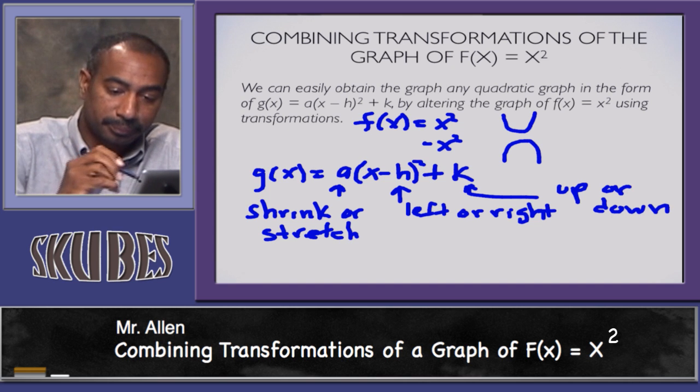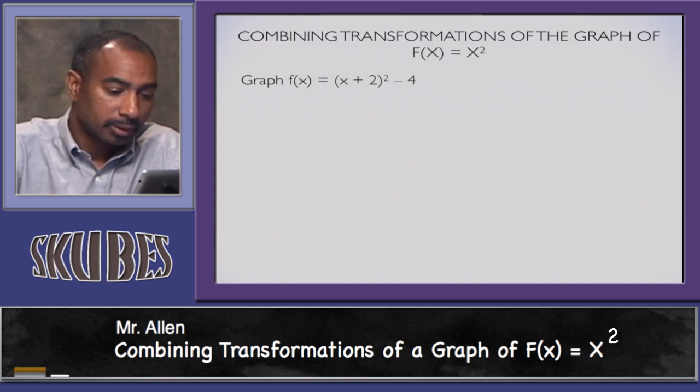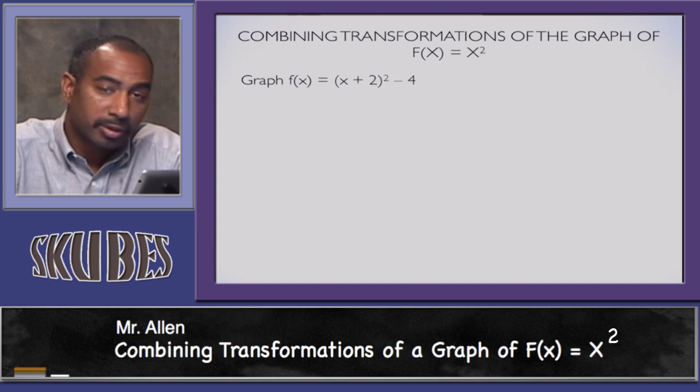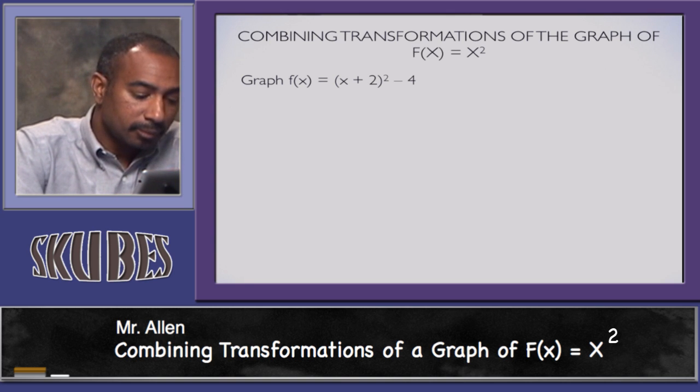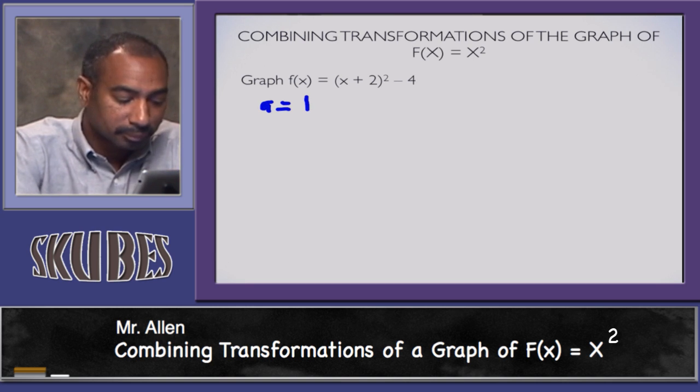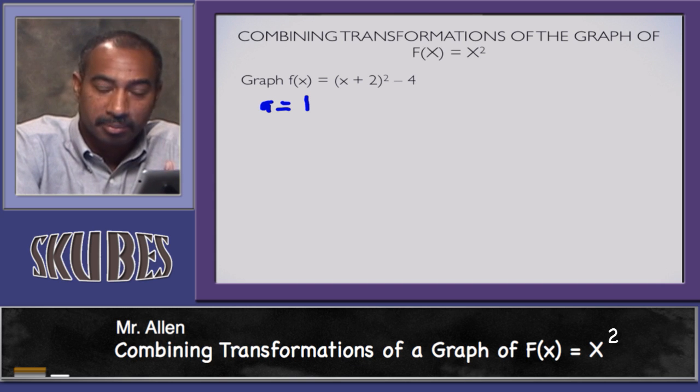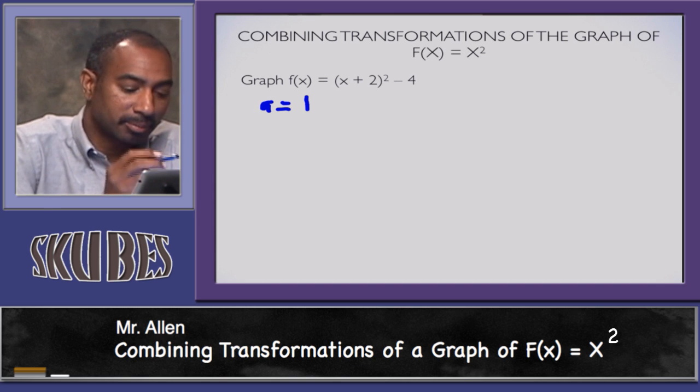For example, let's say I want to graph f of x equals (x plus 2) squared minus 4. We know a in this case is just 1, so we're not going to stretch it. It's going to be the same graph.